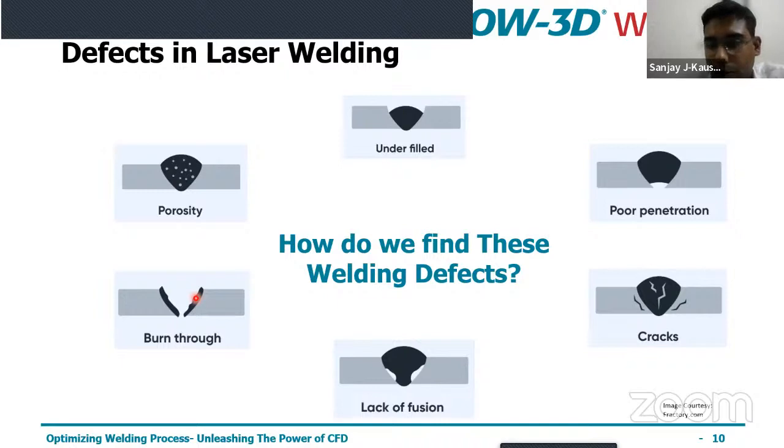It is very difficult to match the ideal process parameters in the first stage itself. So it is very important for us to find an alternate method to find these defects beforehand. That is where a simulation comes in, not a simulation software.